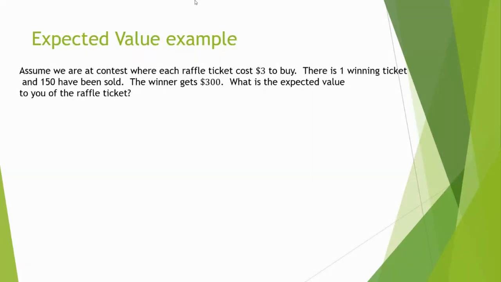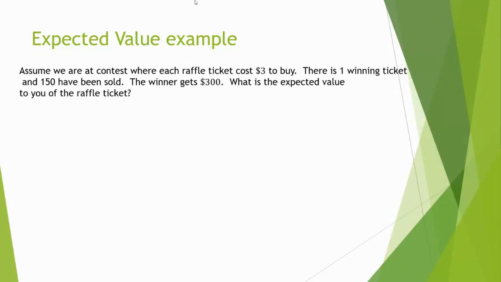For instance, suppose we're at some kind of contest, a charity event or whatever, and they're selling raffle tickets. Each ticket is $3. Everyone is allowed to only buy one ticket. And let's say 150 tickets altogether have been sold, including the winning one.